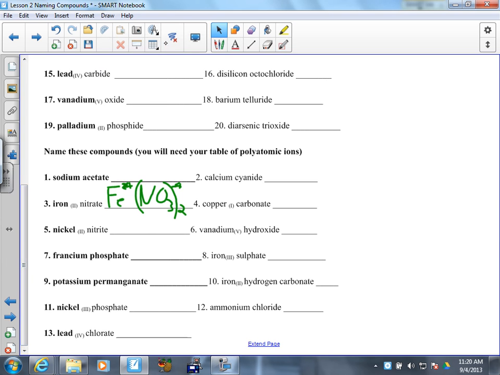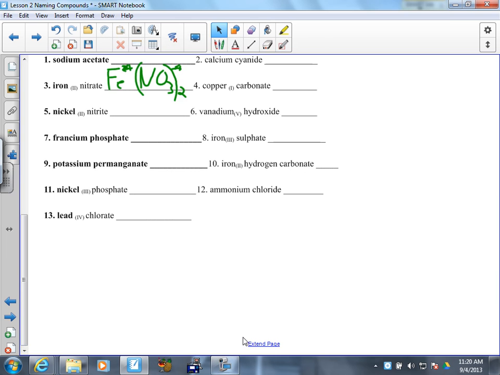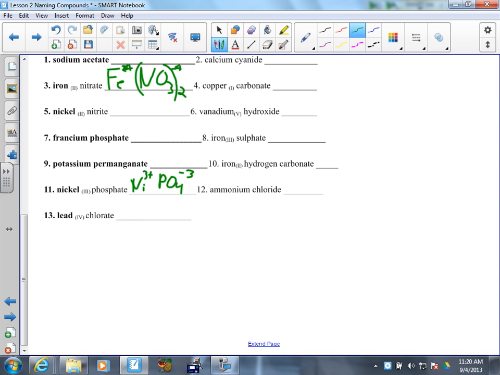All right, so let's have a look here, guys, at number 11, nickel(III) phosphate. We treat it the same as we would any other ionic compound. What does the 3 tell us? The Roman numeral 3 tells us that nickel is 3+ in this situation. So we have Ni3+, and then we have phosphate, PO4, which on your chart is the only triply charged polyatomic ion.